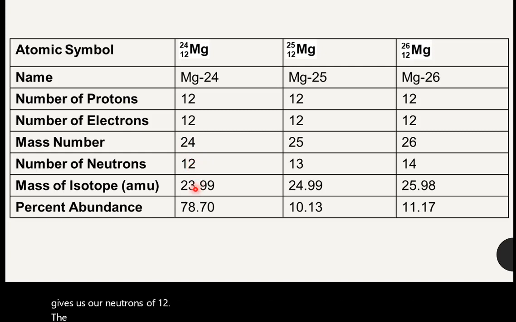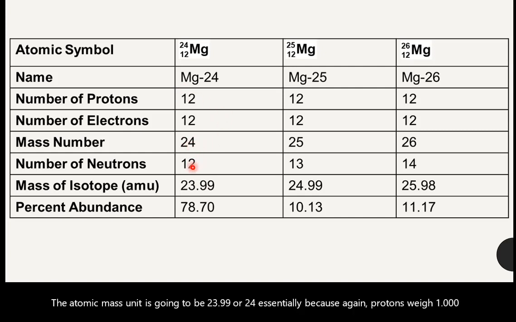The atomic mass is going to be 23.99 or 24 essentially, because again, protons weigh 1.0007, neutrons weigh 1.0007. You add that up 24 times and you're going to end up with 23.99.